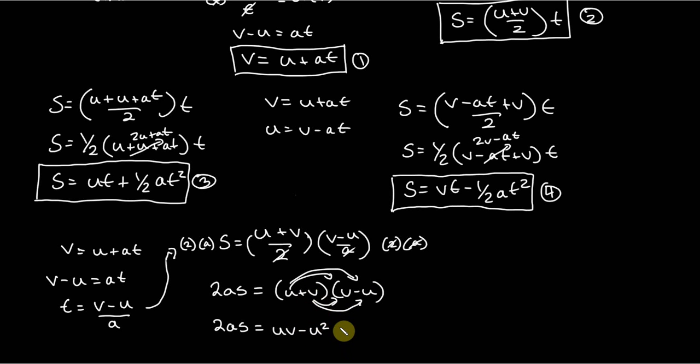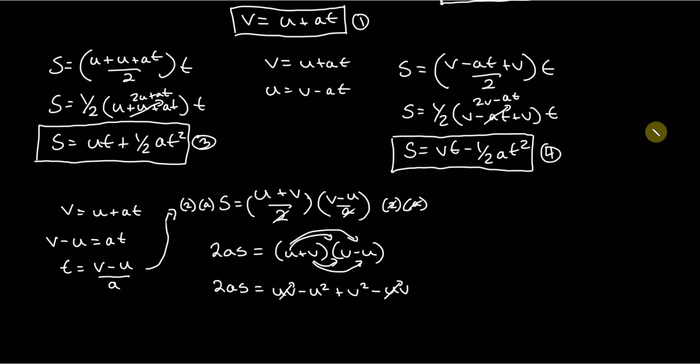V times V is plus V squared, and we have V times negative U, so minus UV. And notice that we have a positive UV and a negative UV, and quite conveniently they cancel out for us. So what we end up with is 2AS equals V squared minus U squared.